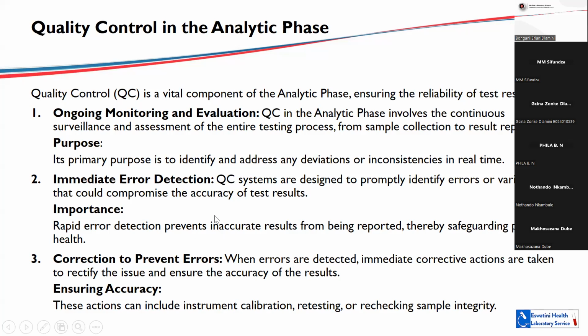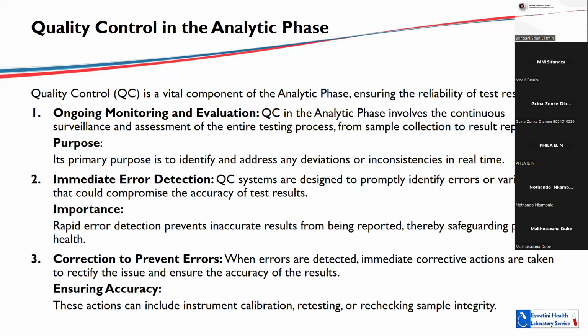Then correction to prevent errors. When errors are detected, we need to take immediate corrective actions to rectify the issue and ensure that the accuracy of the test results is there. So how do we ensure the accuracy? That can include instrument calibration, retesting, or rechecking the sample integrity.